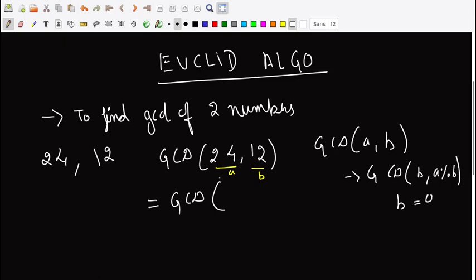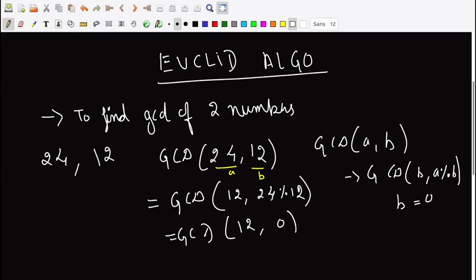Okay, so let us apply the same over here. GCD of 24 comma 12 is basically GCD of 12 comma 24 modulo 12, which means if you divide 24 by 12, what is the remainder?